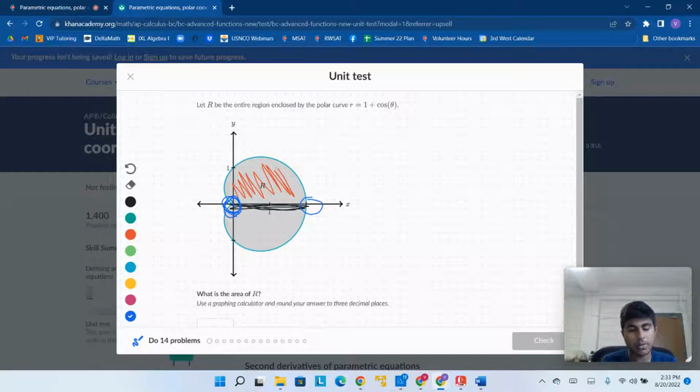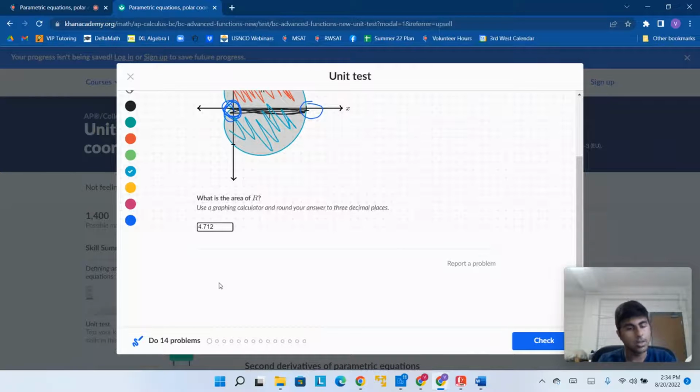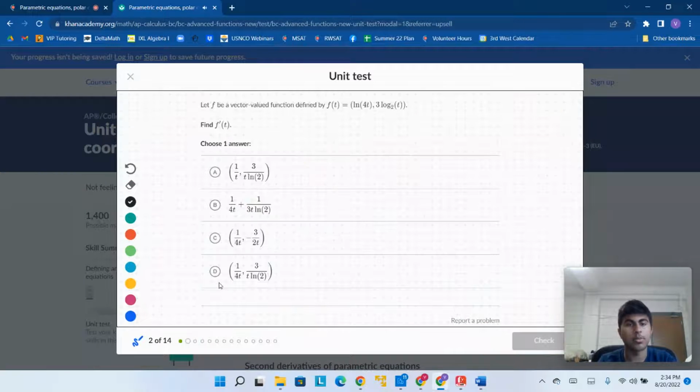And you get 2.356, but that's just for the shaded area. And you have this area that's going to be the same area. So then you multiply this by 2 again, and you get 4.712. And we can move on to the next problem.